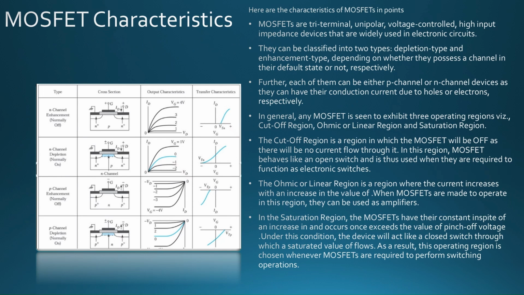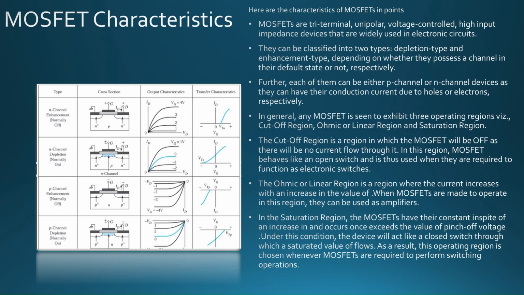MOSFETs are tri-terminal, unipolar, voltage-controlled, high-input impedance devices that are widely used in electronic circuits. They can be classified into two types, depletion type and enhancement type, depending on whether they possess a channel in their default state or not, respectively.